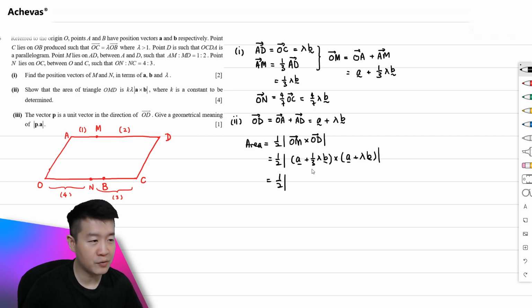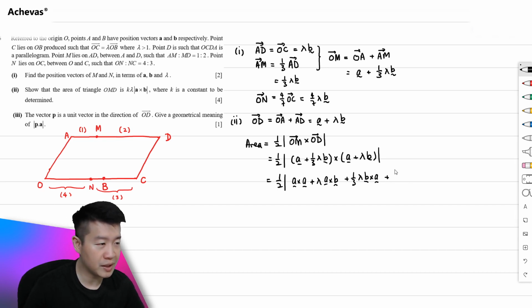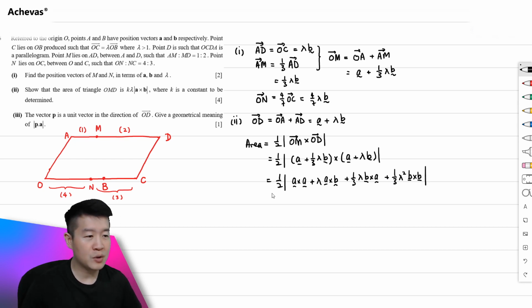So this is half of the modulus of A cross A, plus lambda of A cross B, plus 1 over 3 lambda of B cross A, and plus 1 over 3 lambda squared of B cross B. And we know that A cross A is equal to 0, so this is a 0 vector.